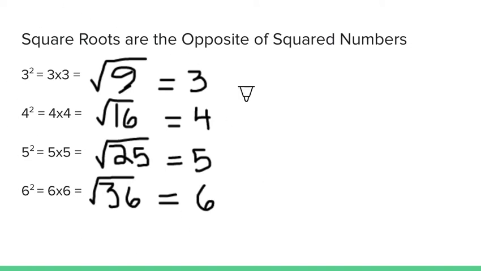I had this nice, neatly laid out for us, so it's pretty easy to see. Let's go ahead and find the square root of 81. So they're asking you what number times itself equals 81.